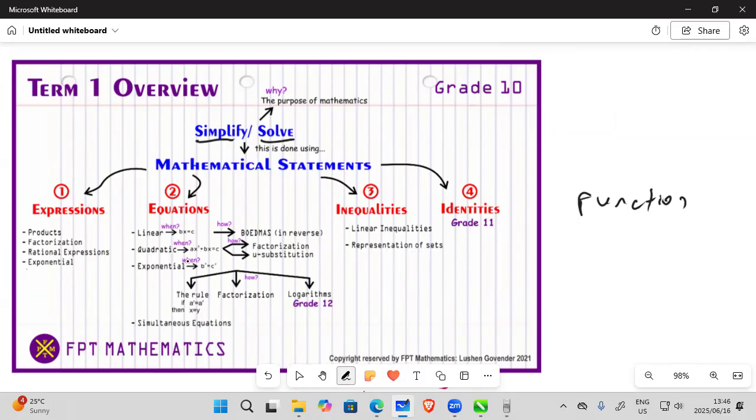For quadratic, you'll see an x squared, and for exponential, you'll see that the variable is the exponent, right? So here the exponent on x is 1. Here the exponent on x is 2. Here x is the exponent. I hope you understand. That's how you identify.